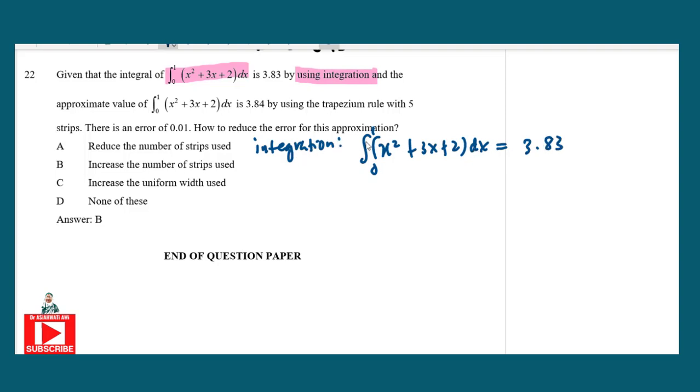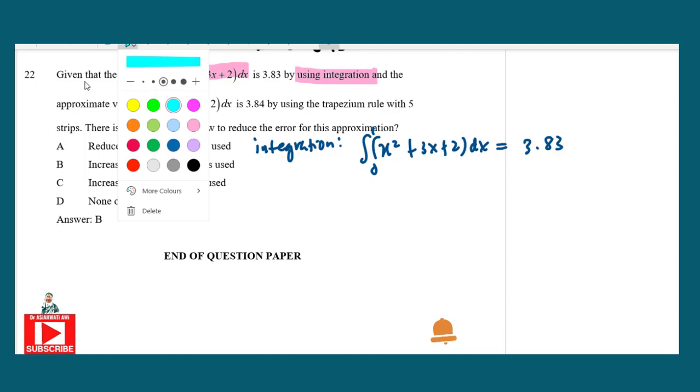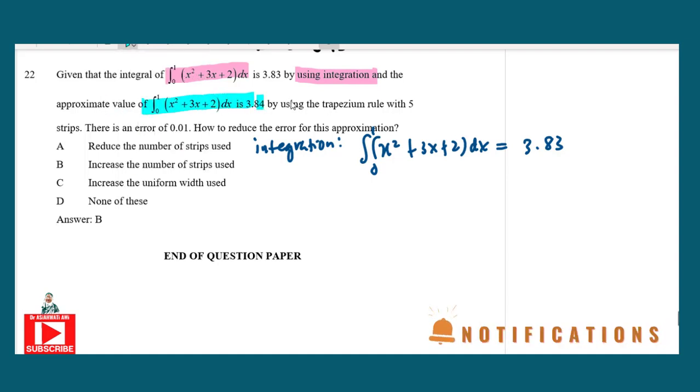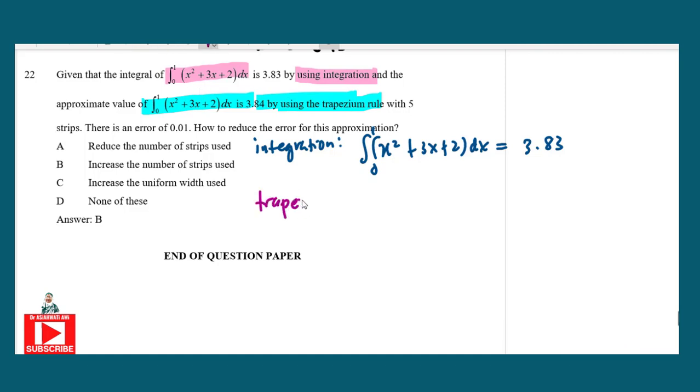This one we integrate directly or use any technique of integration according to the given function. And the next step, we try to find the area using the trapezium rule. When using the trapezium rule, we integrate x squared plus 3x plus 2, the same function from 0 to 1 with respect to x. So the answer given is 3.84.